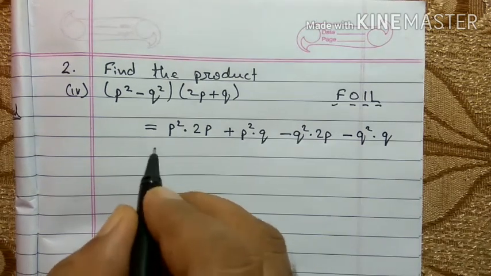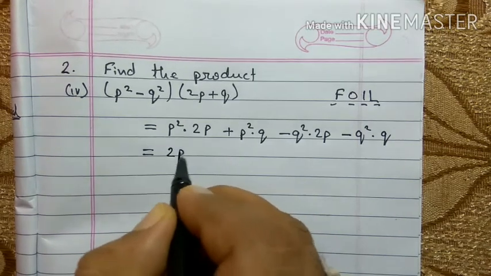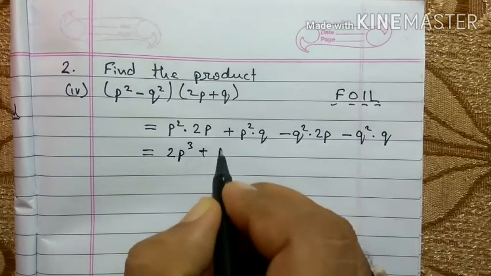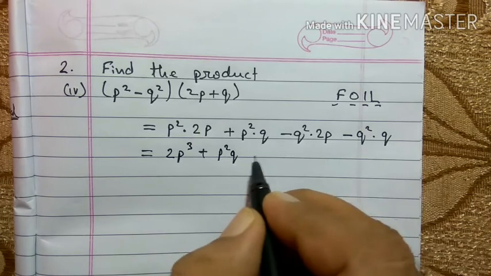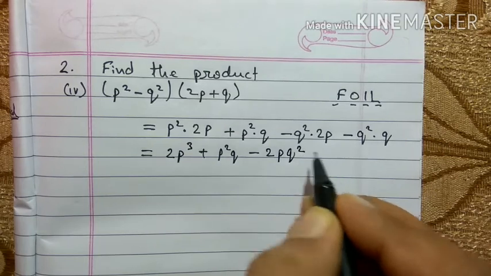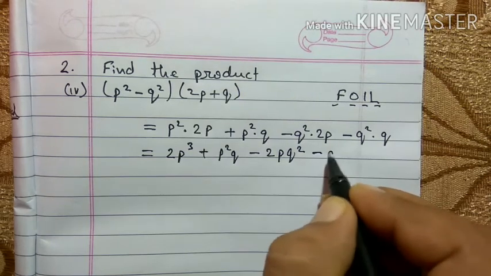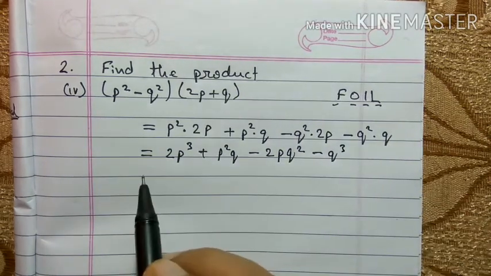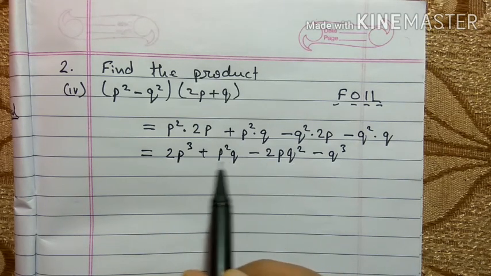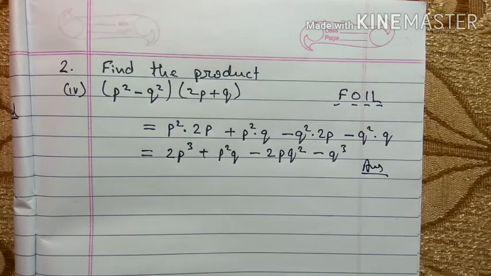Now this becomes 2 into p square into p, so 2p to the power 3, then plus p square q, then minus 2pq square, and then minus q square into q is minus q to the power 3. We have to check, is there any like terms? No, there are no like terms in this. So this is the final answer. Like this way you have to do question number 2.